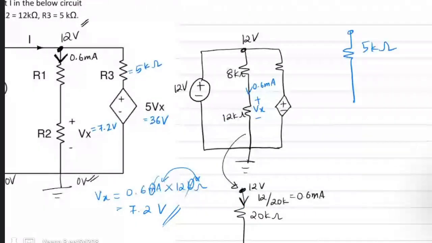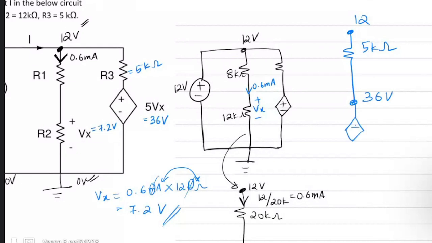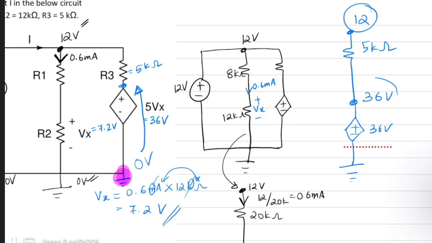The potential at this point is 12 and the potential at this point is 36 volts, because you see there is a voltage source of 36 volts and this point is grounded. So this point is grounded means the potential at this point is 0 volts. If this is 0 volts, then there is a potential rise of 36 volts because the value of the voltage source is 36. So across this 5 kilo ohm, there is 12 volts here and 36 volts here.